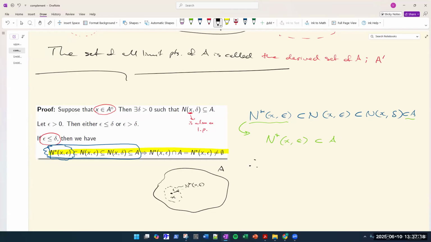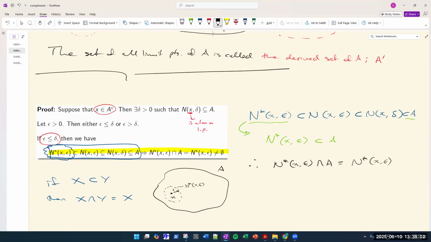So if this neighborhood is inside of A, what happens when you intersect it with A? If X is contained in Y, then X intersection Y is just X. So if the deleted neighborhood is contained in A, then the deleted neighborhood intersection A is just the deleted neighborhood.